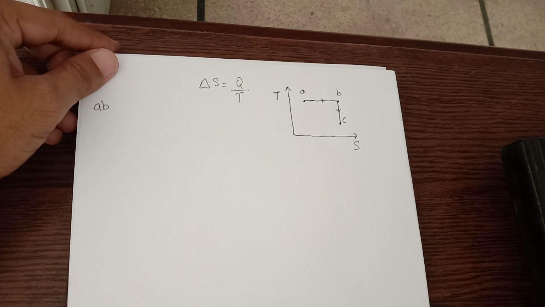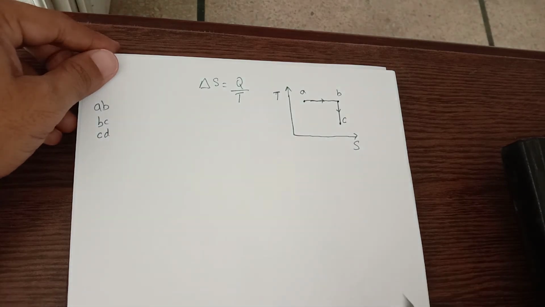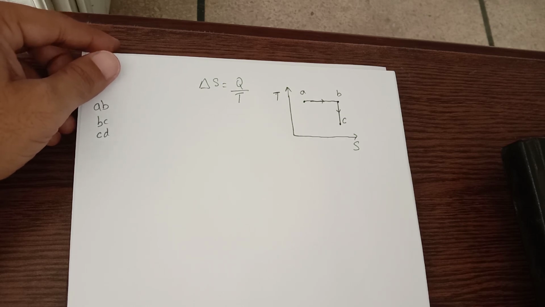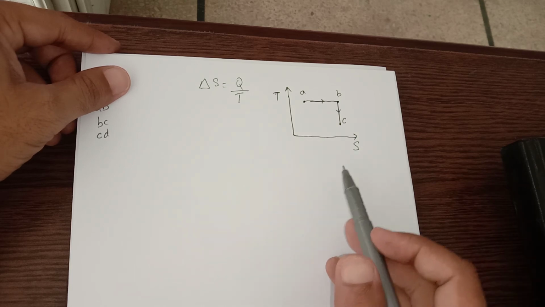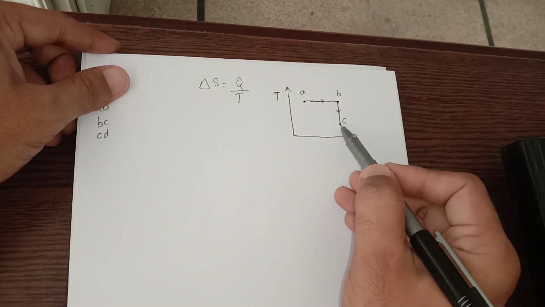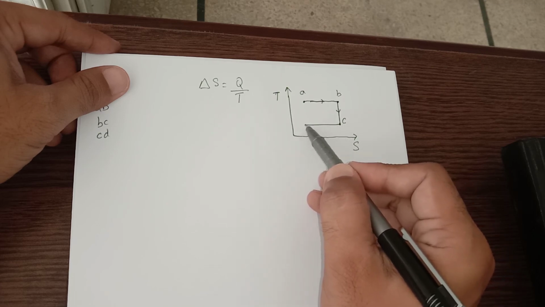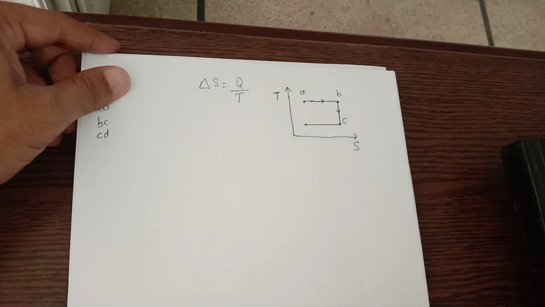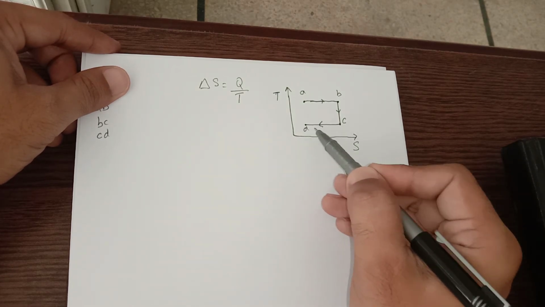Then CD was an isothermal compression, which means the temperature remains constant and entropy should decrease, because heat is removed from the system in case of CD.